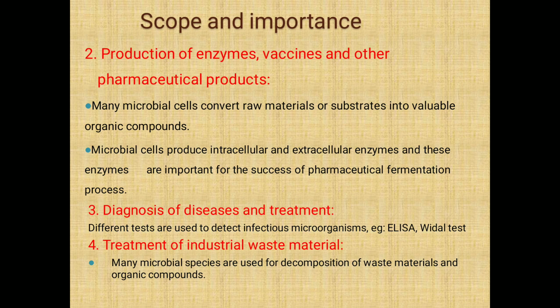These microorganisms secrete various enzymes, and these enzymes are responsible for converting the raw material into the useful compound. So microbial cells produce these enzymes, which are important for the success of the pharmaceutical fermentation process. Then diagnosis of diseases and treatment.